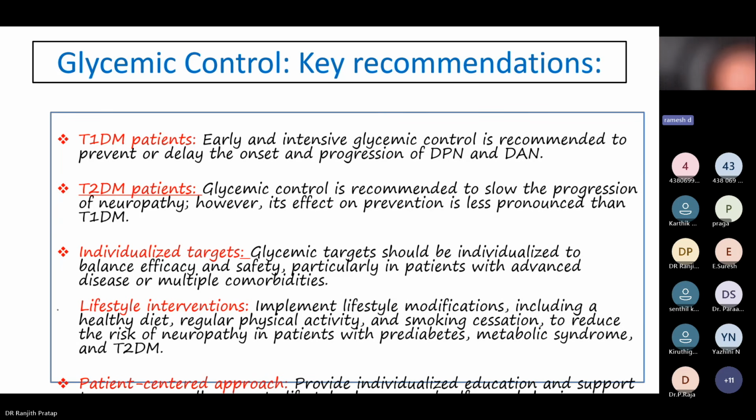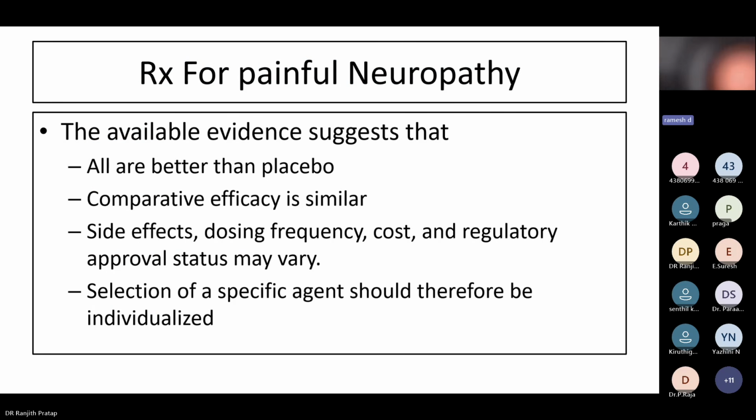So for the treatment of painful neuropathy, the available evidence suggests that all the treatments which I am going to mention are better than placebo, and the efficacy is comparable within the groups and also compared with the other groups. The comparative efficacy is similar across all the types of drugs available for the management of painful neuropathy.